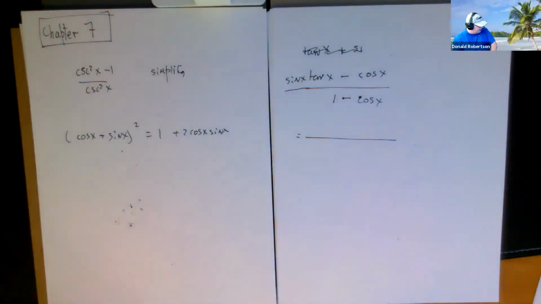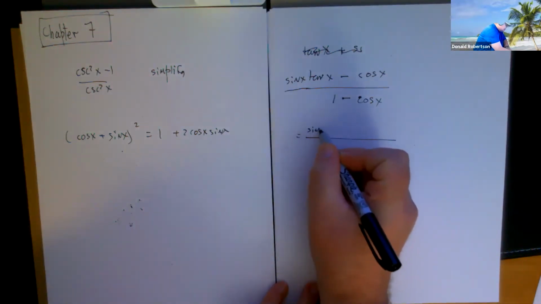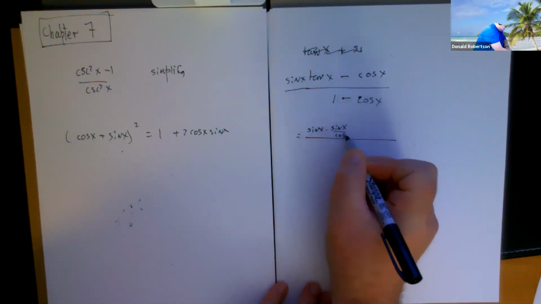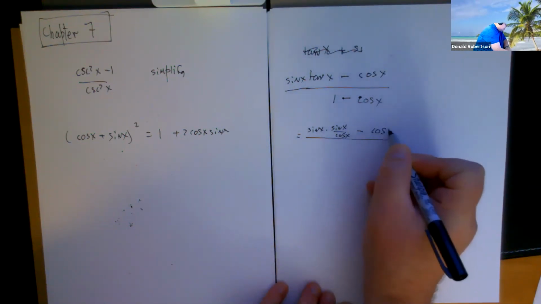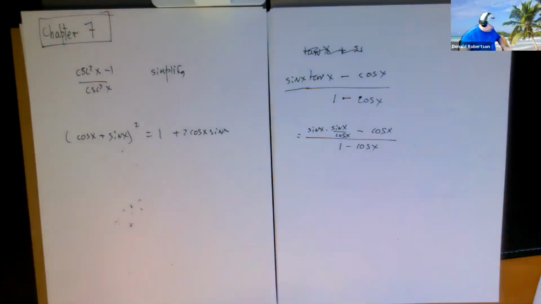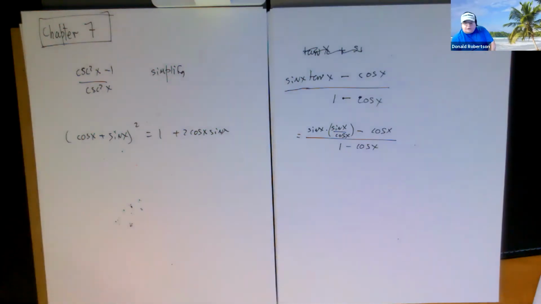Sine x tan x, take away cosine x over 1 minus cosine x. Let's simplify that. Sine x times sine x over cosine x, take away cosine x, all over 1 minus cosine x. So all I've done here is change a tangent into a sine over cosine.